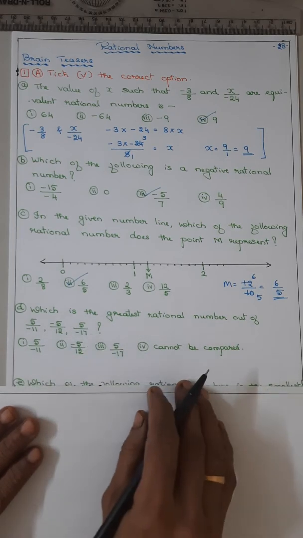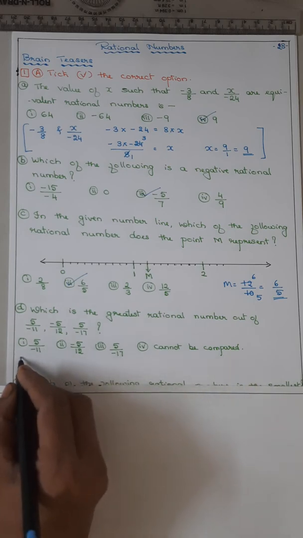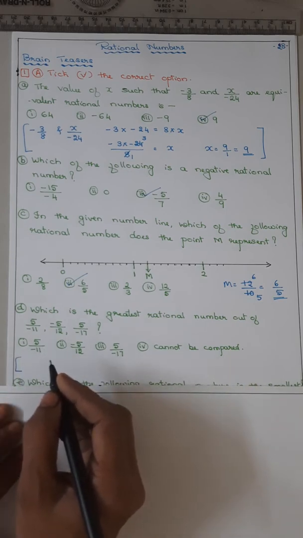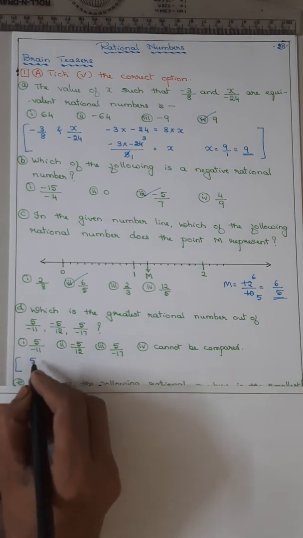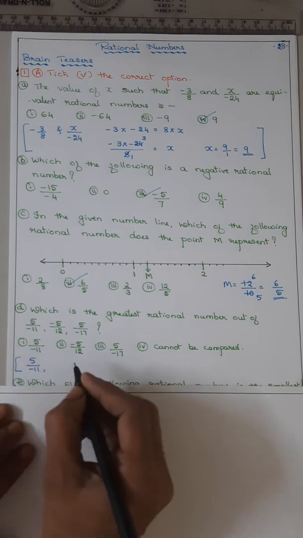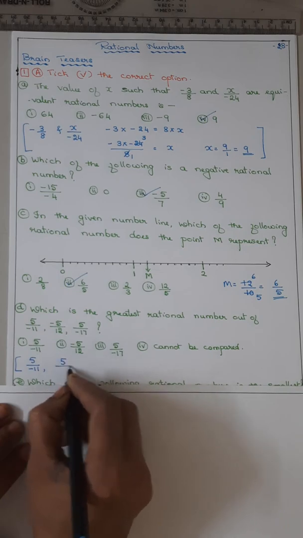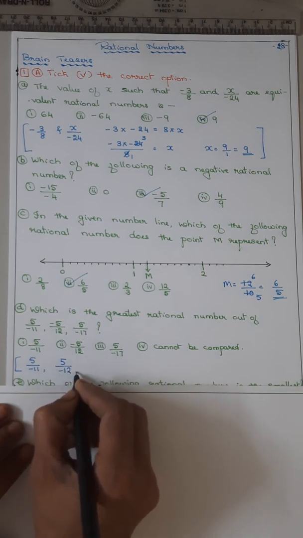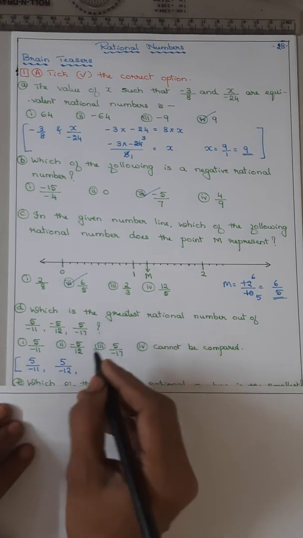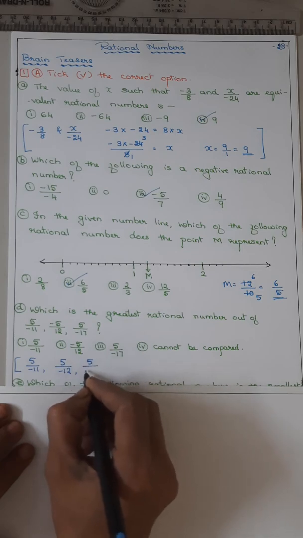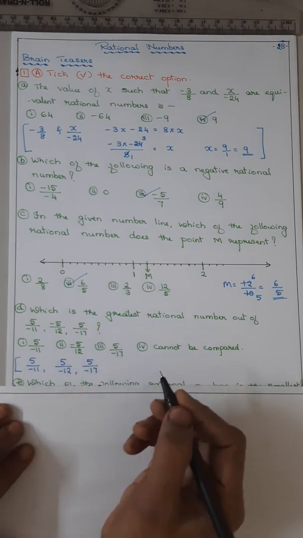So make all the denominators negative. So 5 by minus 11, this one will be 5 by minus 12 and this one will be 5 by minus 17.